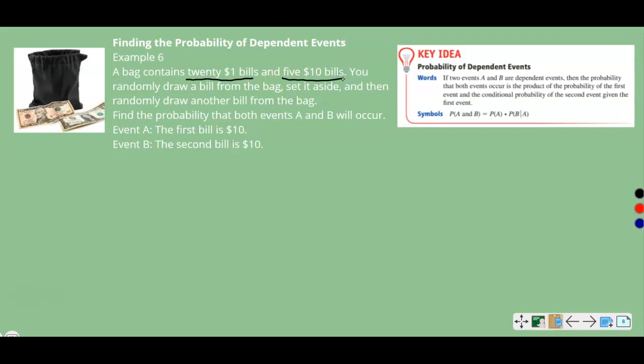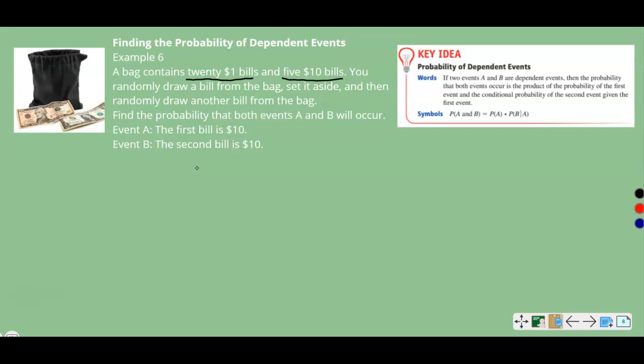It already tells us what the events are. So the events are dependent, again, because there's one less bill in the bag on the second draw than there was on the first draw.